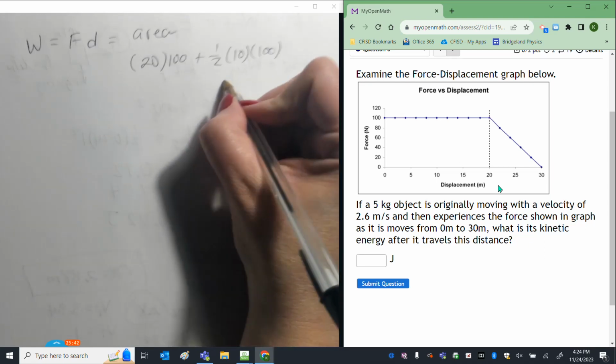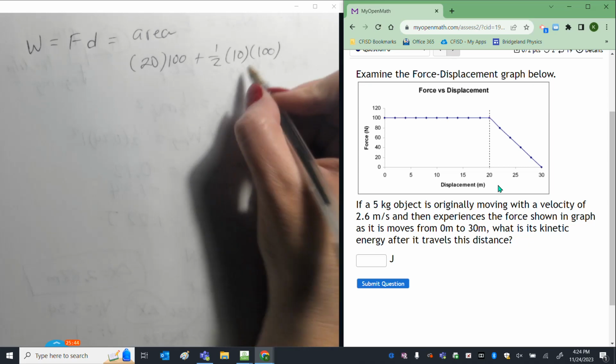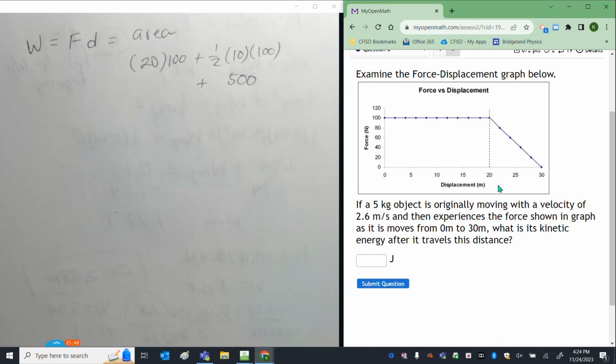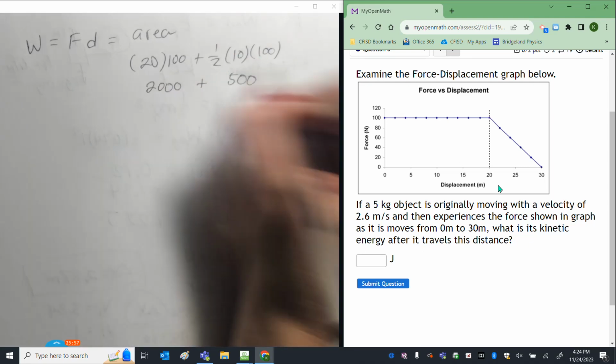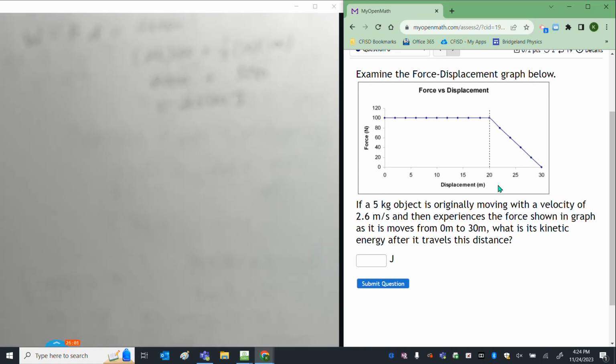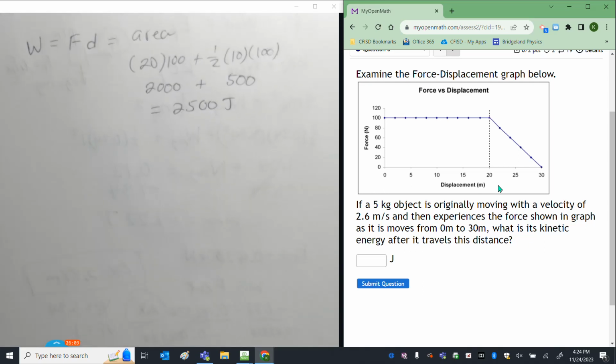So 1/2 of 10 is 5. 5 times 100, of course, is 500, plus 20 times 100. And so we're going to add those together. It's going to be 2,000 plus 500, which is equal to 2,500 joules. So that's the amount of work that is represented by this graph.